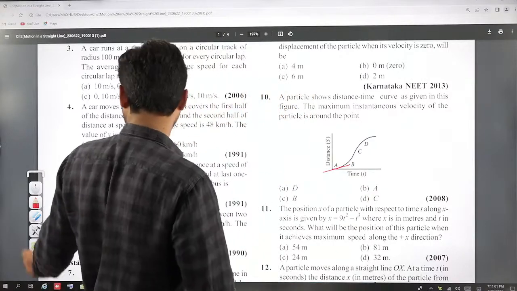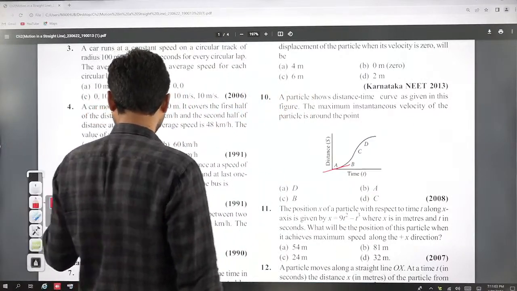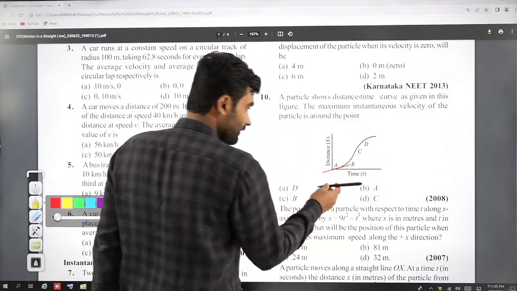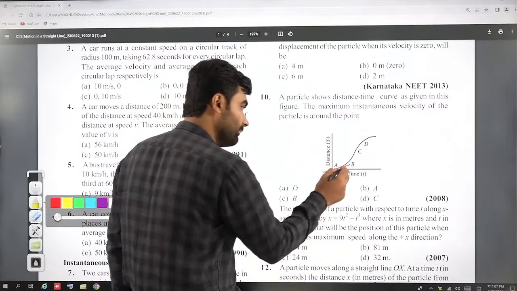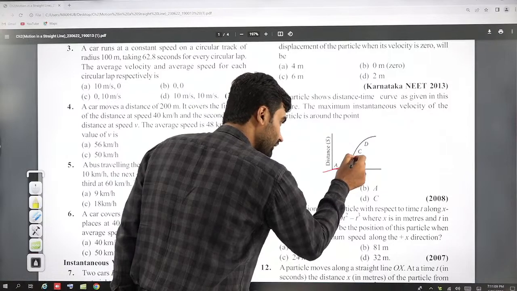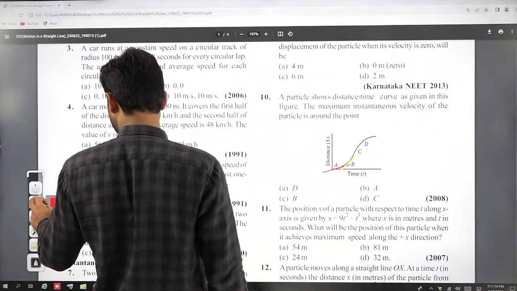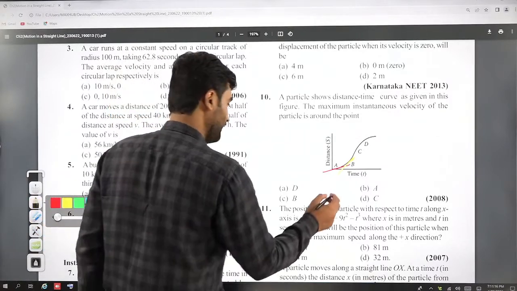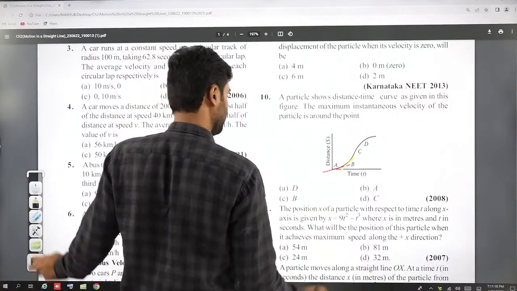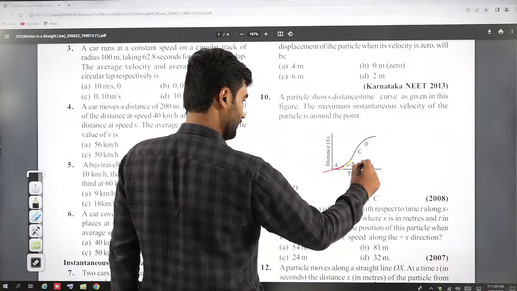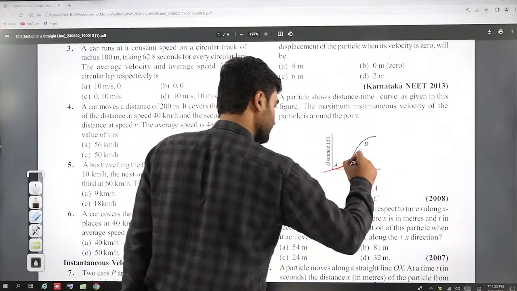If you draw a tangent at point B, that tangent is more steep, right? You can see this tangent at B is more steep, like this.